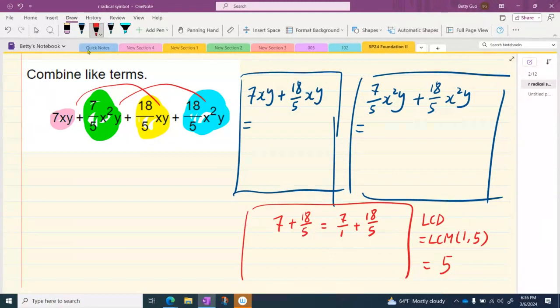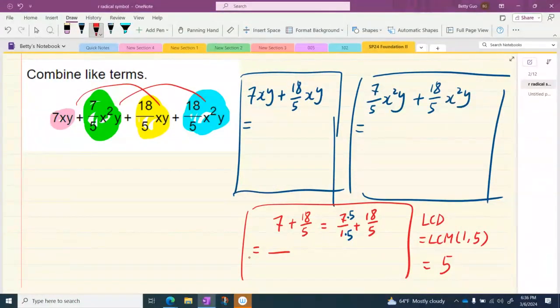Then we multiply 7/1 top and bottom by 5. This way we have an equivalent fraction with 7 but with denominator 5.